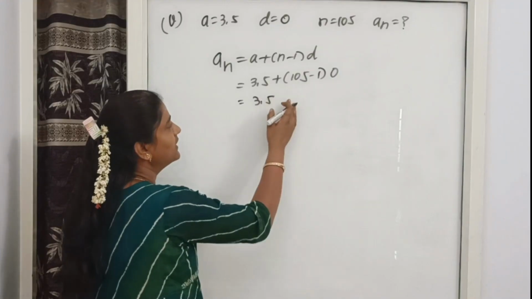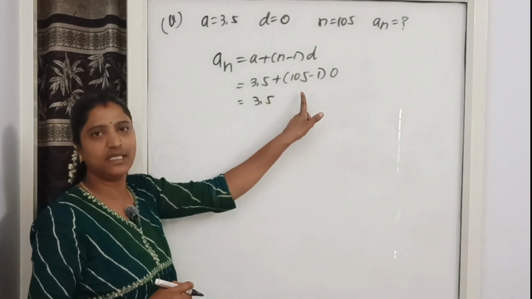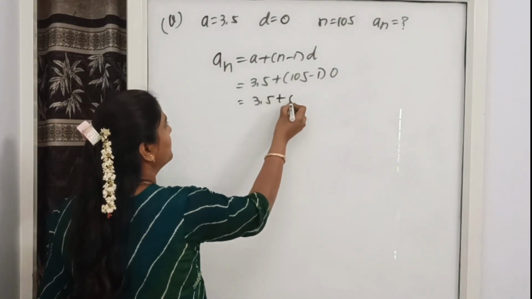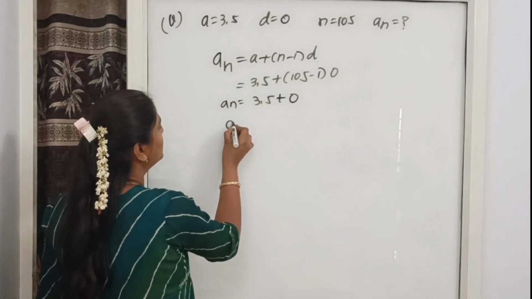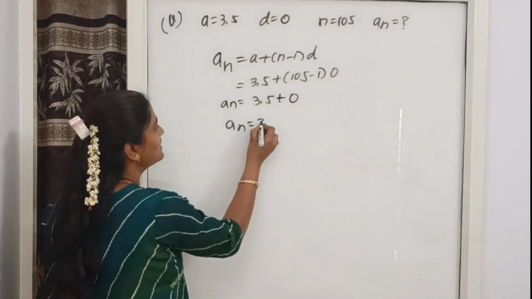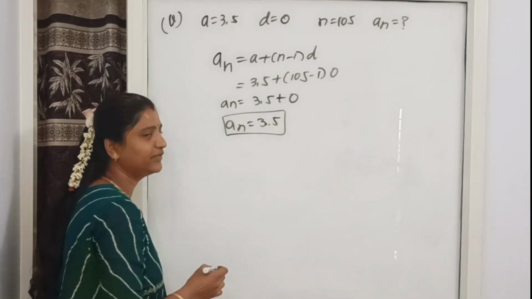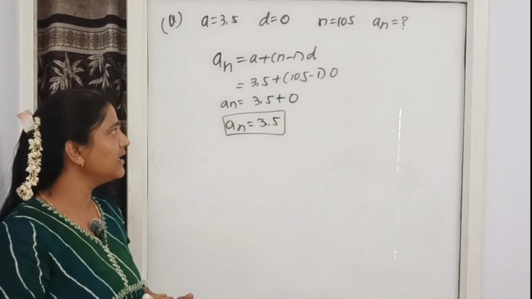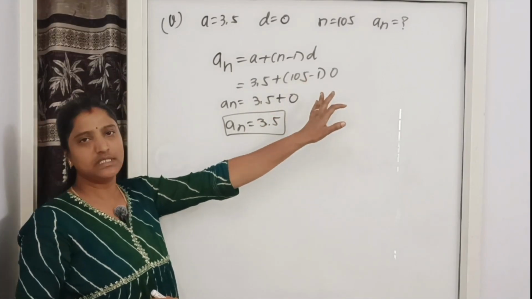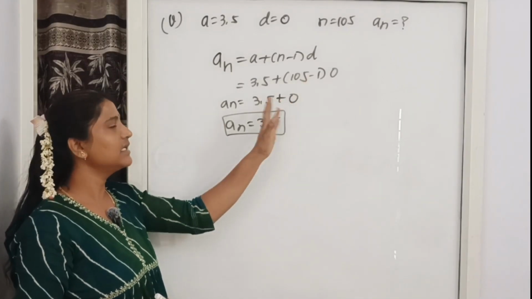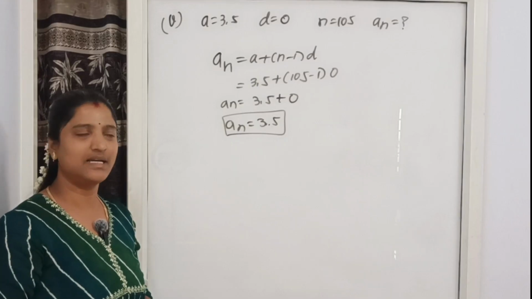Look at here, anything multiplied with 0 is 0. So nth term is 3.5 plus 0, which is nothing but 3.5. If the d term is 0, the multiplied term is fully 0. So plus 0 is the remaining a only, is it not?